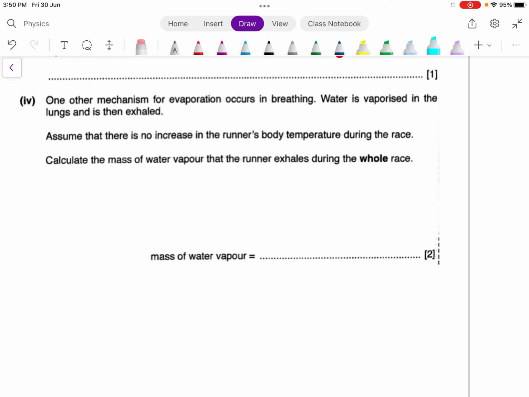Assume that there is no increase in the runner's body temperature during the race, meaning that the gain is equal to the loss.